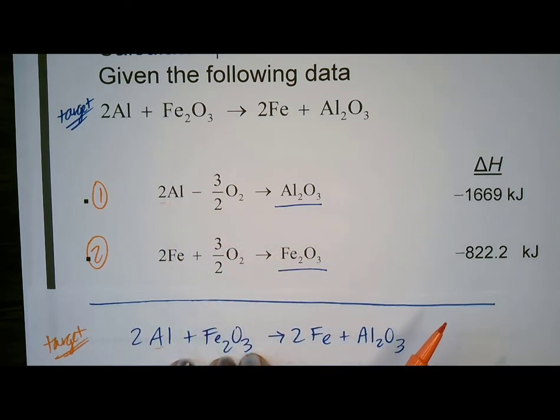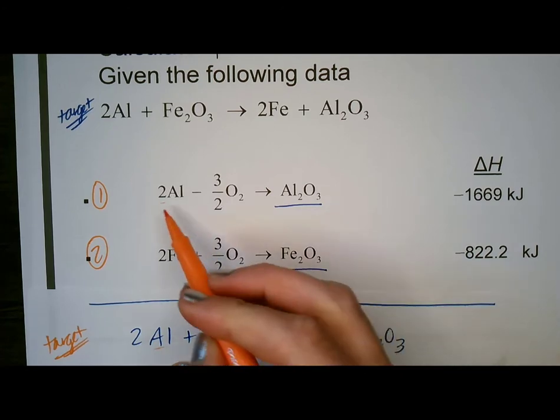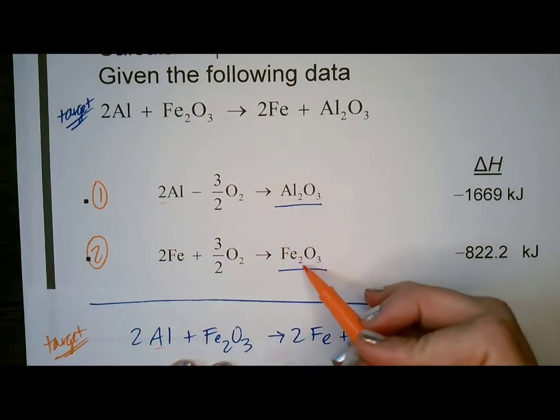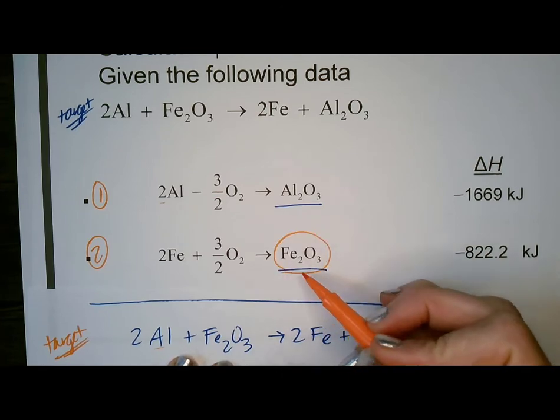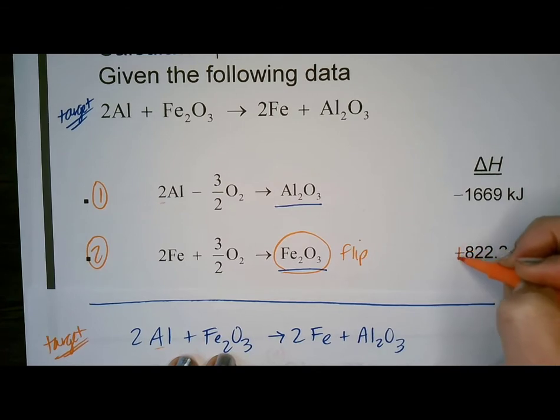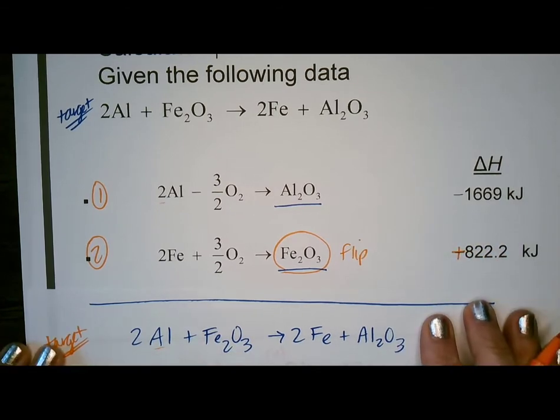I need Fe2O3, so we're going to leave number 1 as it is. Fe2O3 I need on the left. Oh, here it is, but it's on the right. So I need to flip number 2, which means I need to flip its sign to positive.